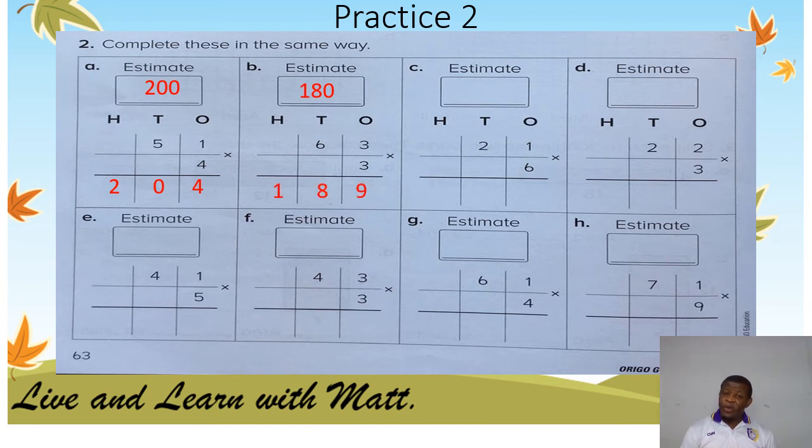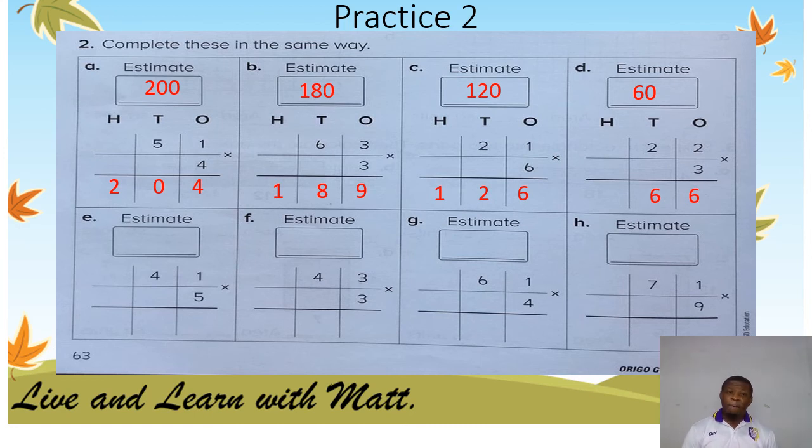And the exact will be 189. Part C. Estimate will be 20 times 6, which is 120. Therefore, 21 times 6 will be 126. Part D. The estimate will be 20 times 3, which is 60. So the exact answer will be 66.